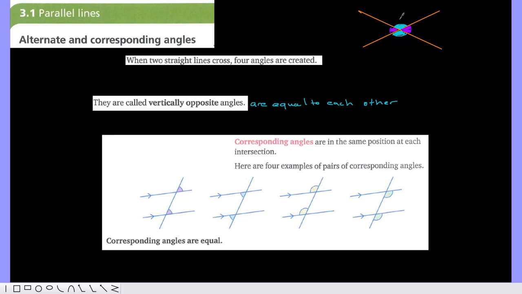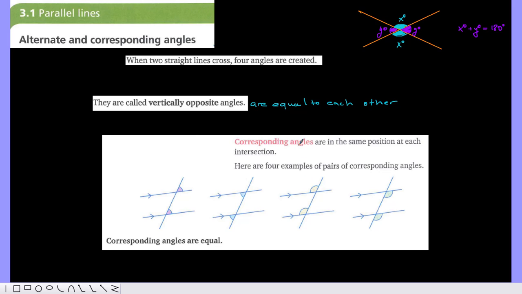If I say this is x degree, this is also x degree, and if I say this is y degree, this is also going to be y degree. And one more extra piece of information that we need to remember: x degree plus y degree is always equal to 180 degrees. This is from previous years.